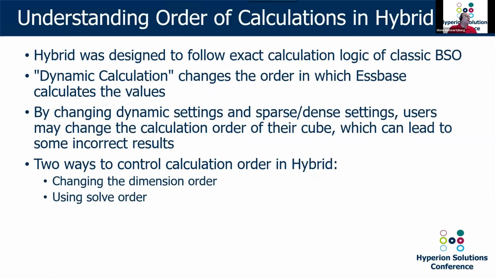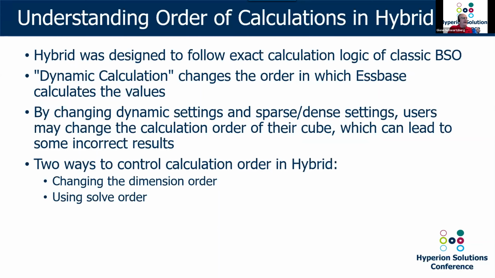So we also have to understand the calculation order of hybrids. Hybrid was really designed to follow the calculation order of the classic BSO cubes. And obviously dynamic calculation changes the order in which Essbase is going to calculate values. So by changing the dynamic settings, the dense and sparse, we can lead to some incorrect results.